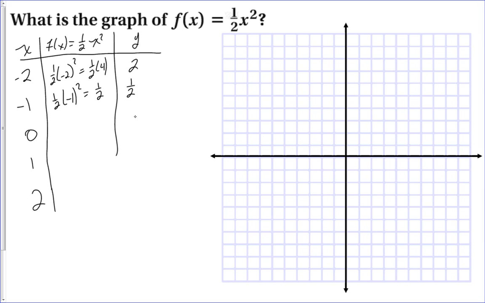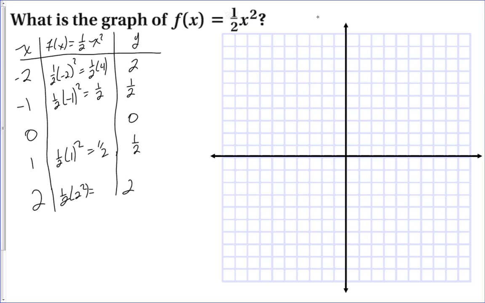If we plug in a 0, of course we get out 0. If we plug in 1, we're going to get 1/2 times 1 squared, which is 1/2. And if we plug in 2, we're going to get 1/2 times 2 squared, which equals 2.